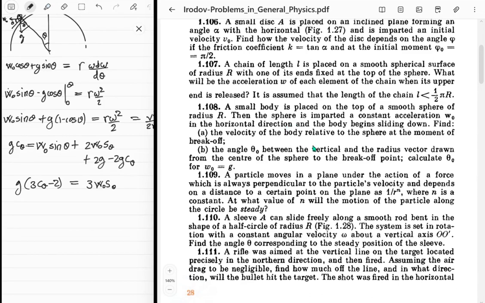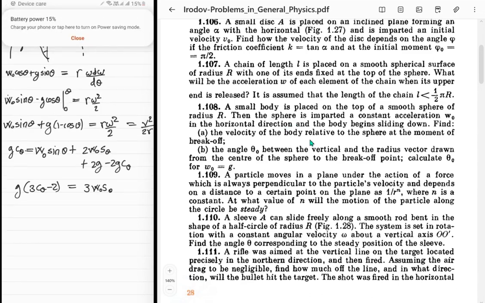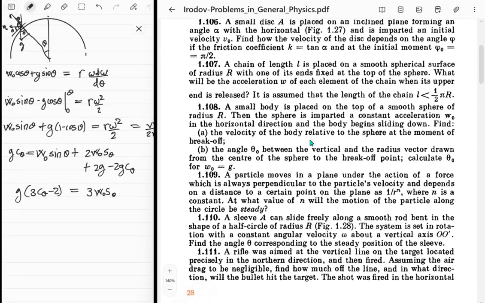You can find this in terms of the angle, yes, but without that, how do I do it? Think. Velocity of body related to sphere. Come on, think. That acceleration, everything. I don't know how to get it done.